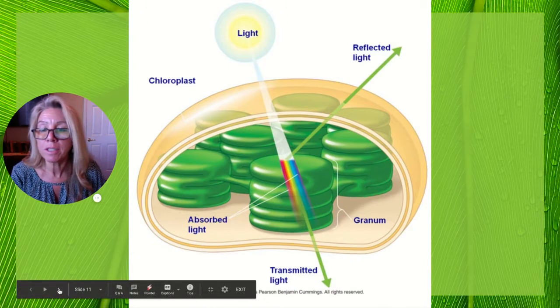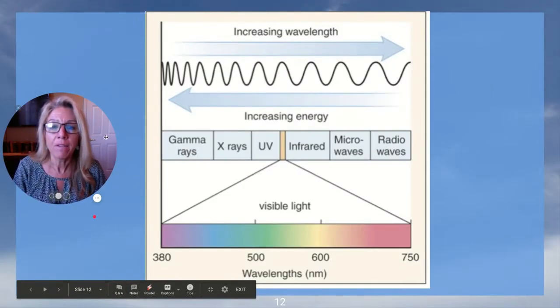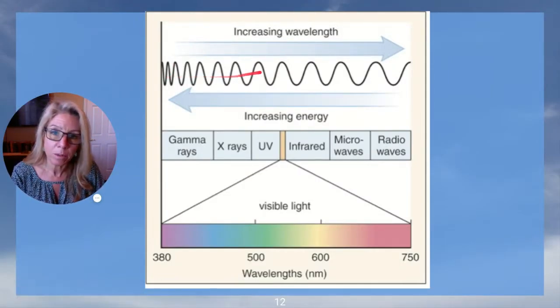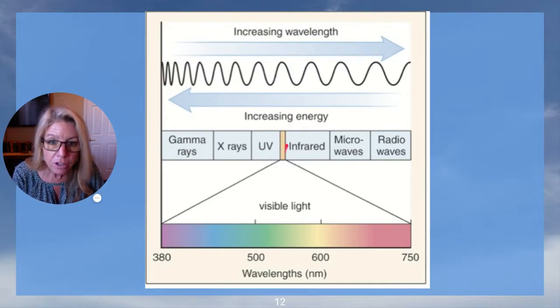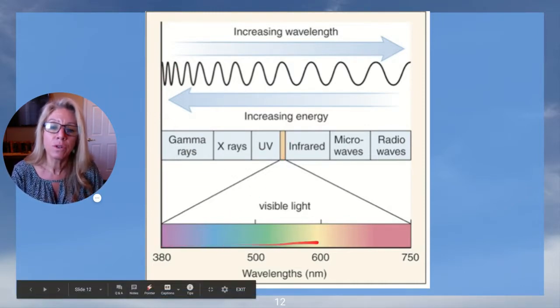Your absorption spectrum, okay, if we look here, as we move from left to right, the wavelengths get bigger, and the biggest energy is the smaller wavelength. So here is our visible light. So you've heard of Roy G. Biv, right?